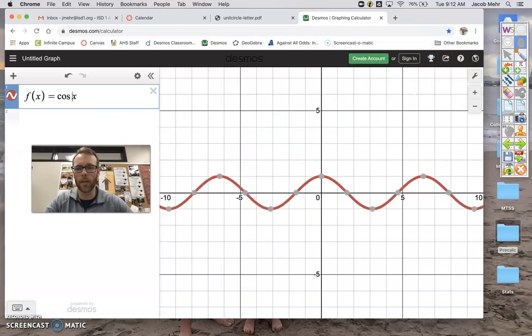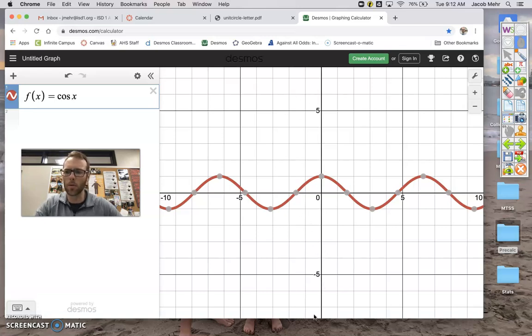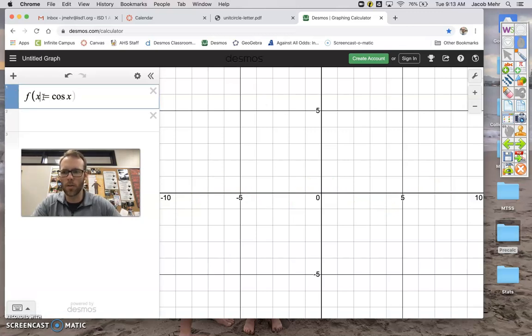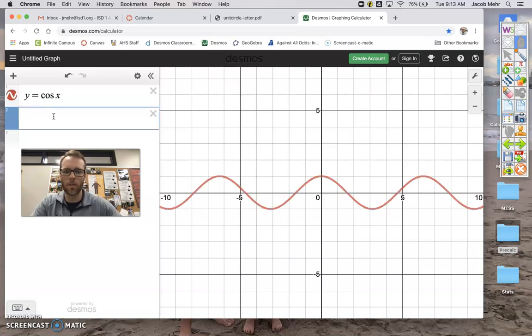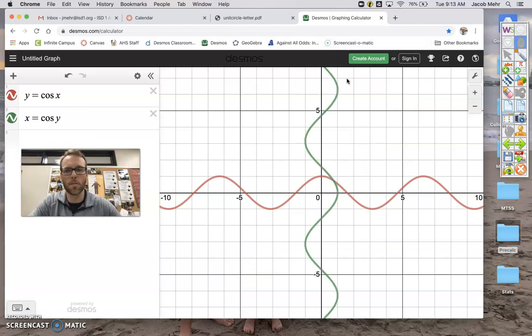Now we know when we reflect this, we're going to get something similar to what we saw with the sine, except it's going to be translated up or down by pi over 2, just like cosine and sine are translated left and right by pi over 2.